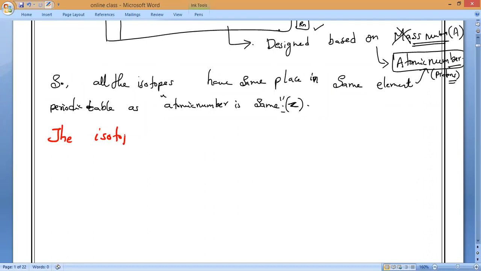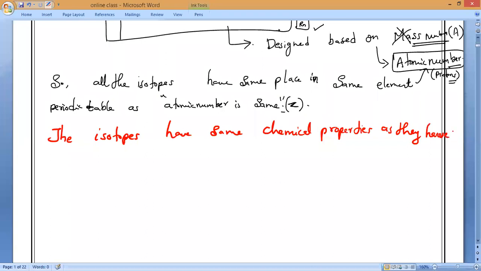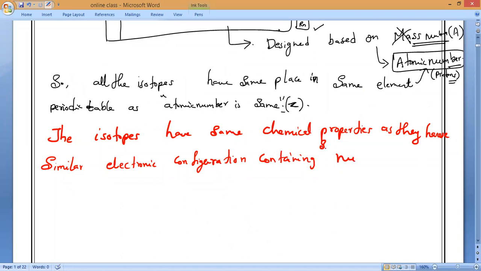The isotopes have same chemical properties as they have similar electronic configuration, containing same number of valence electrons.